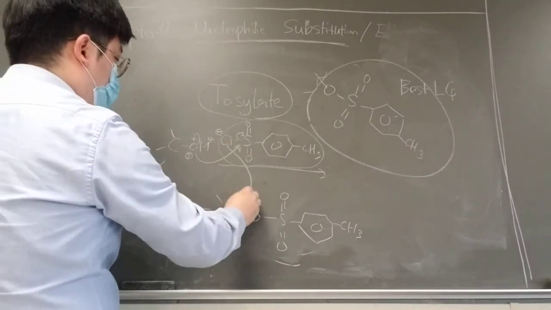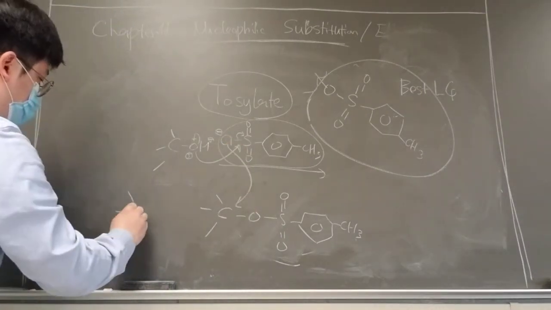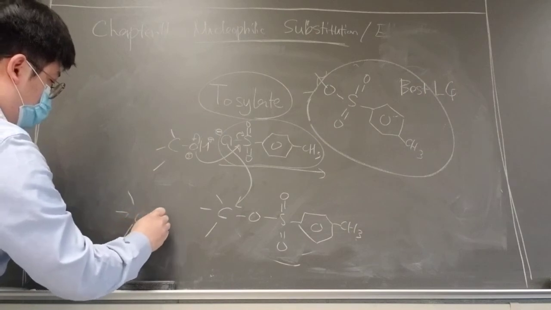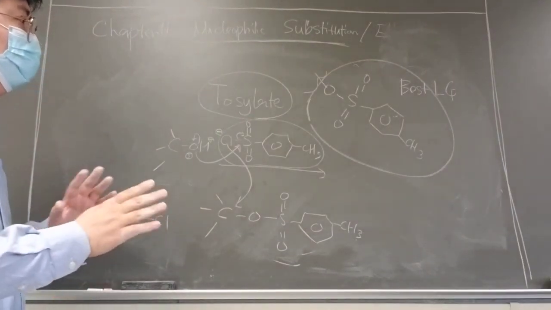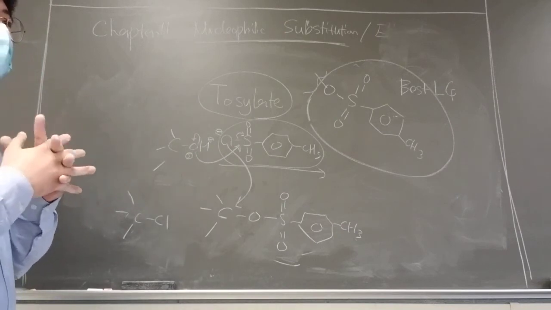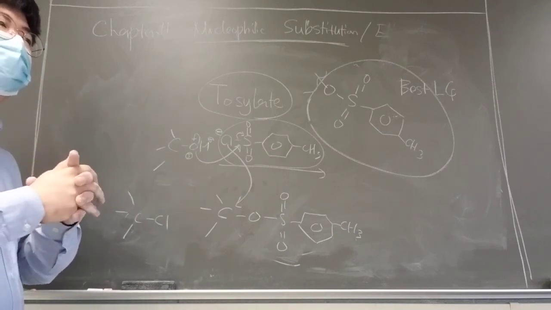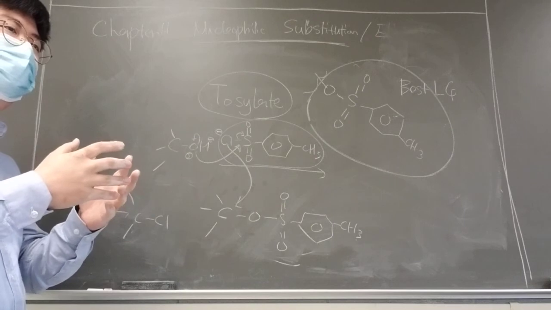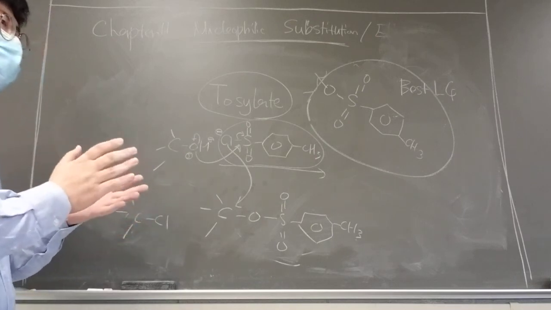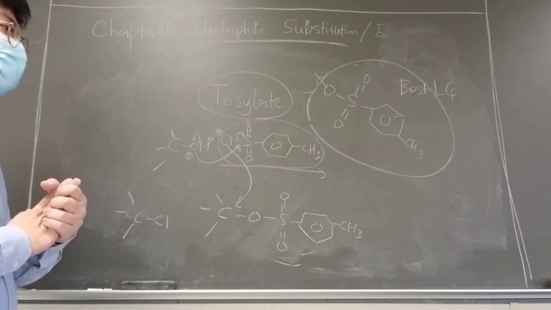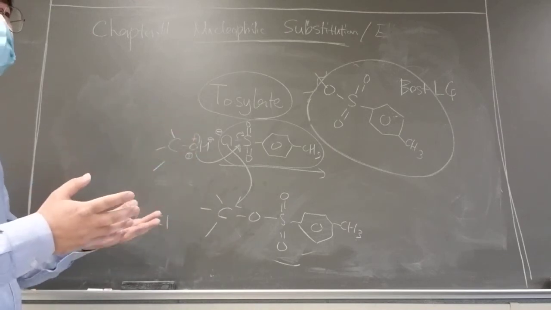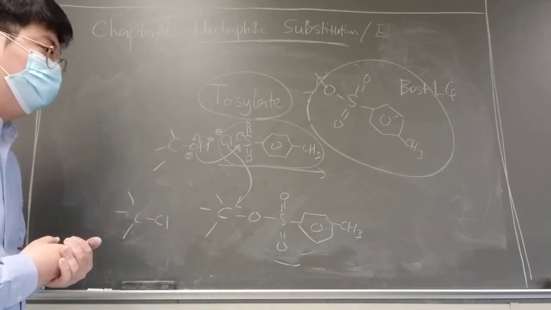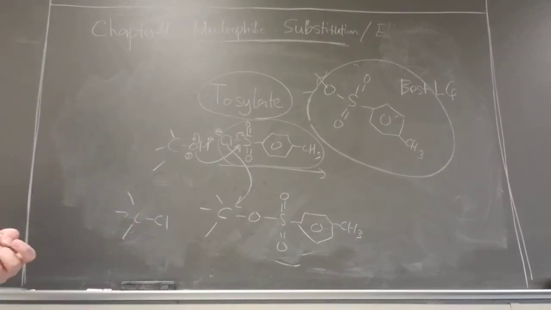Later you can come in and have a substitution by a nucleophile more easily. Think about a compound that has a leaving group. If that compound doesn't have a good leaving group, you can have an alternate way to replace it with a better leaving group, and then you can do the nucleophilic reaction more easily.